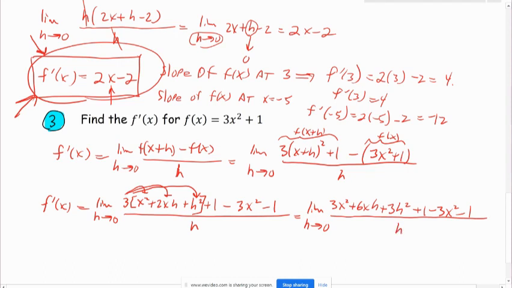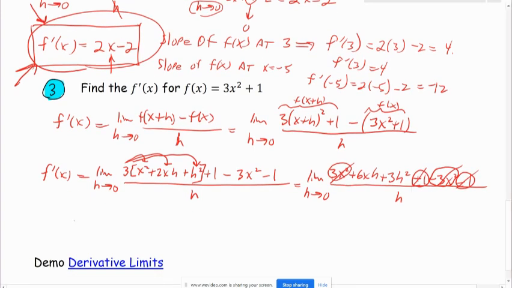And we should have some things that cancel. 3x squared minus 3x squared, those are gone. Plus 1, minus 1, those are gone. Everything else has an h in it, so we can factor out the h. And so then that is the limit as h approaches 0 of h times (6x plus 3h) over h.